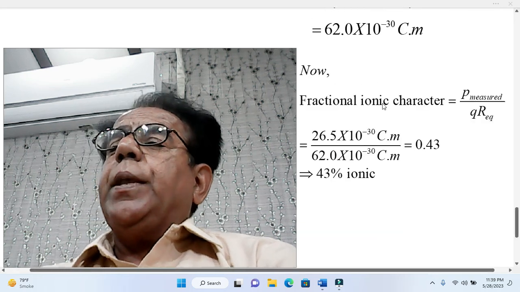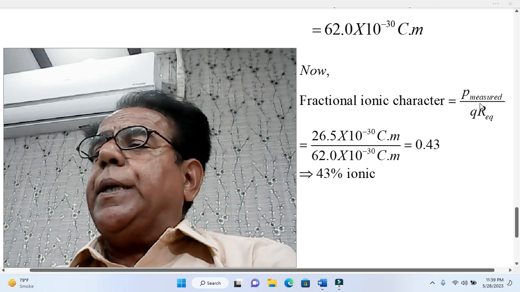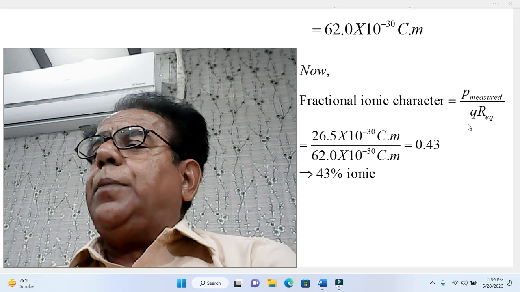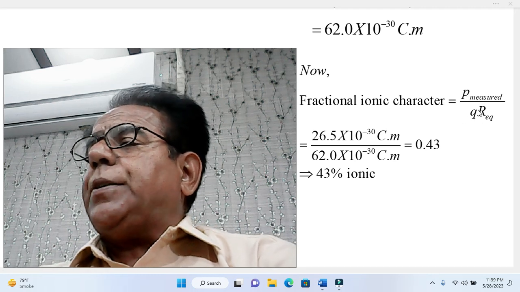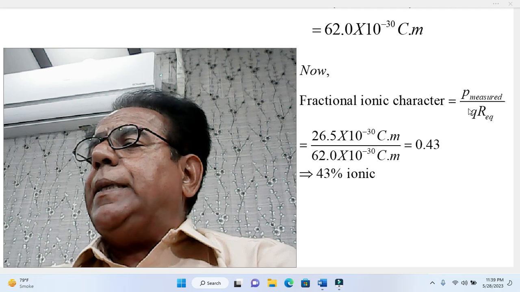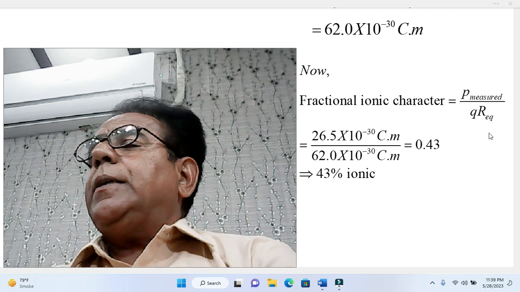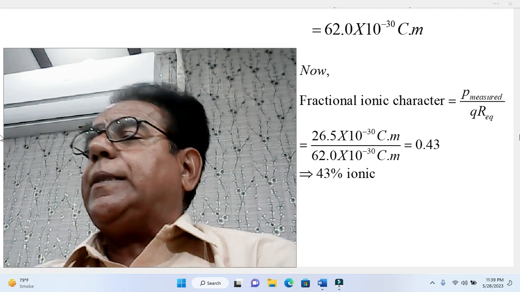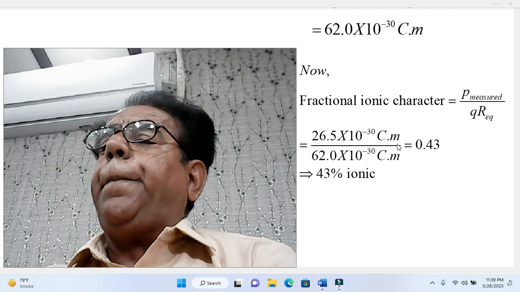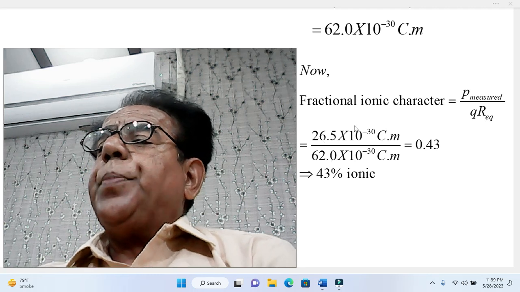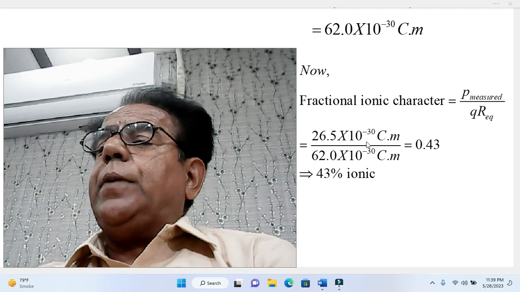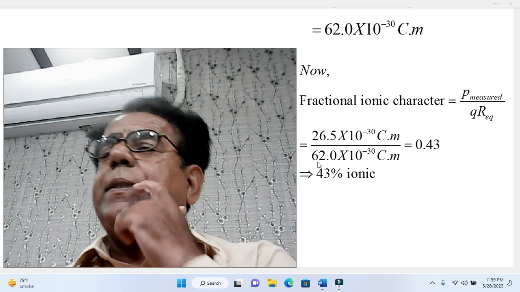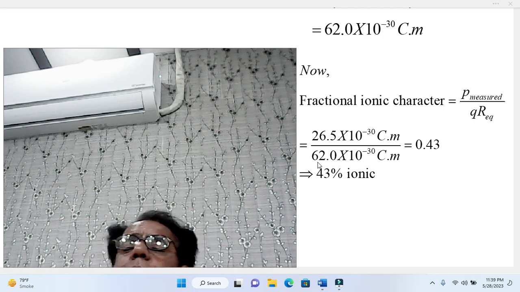Now fractional ionic character is equal to the measured electric dipole moment P divided by electronic charge QRE multiplied with equilibrium separation, R subscript EQ. So this is equal to 26.5 into 10 to the power minus 30 coulomb meter divided by 62.0 into 10 to the power minus 30.